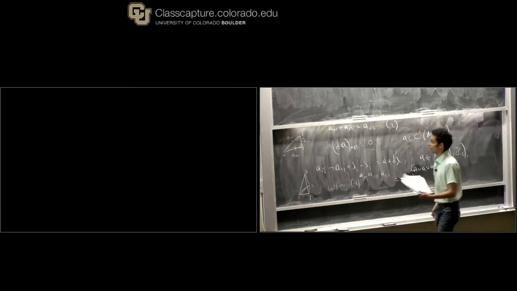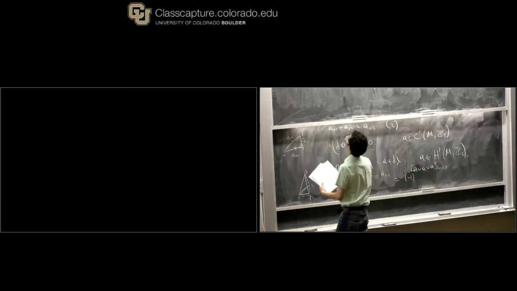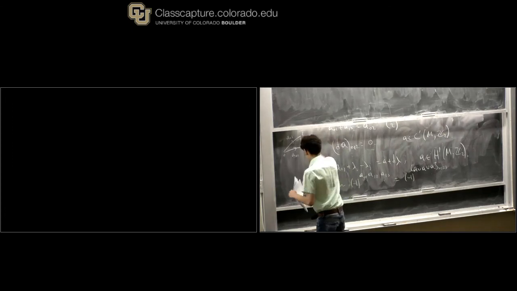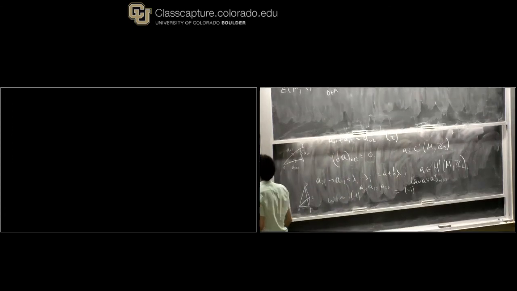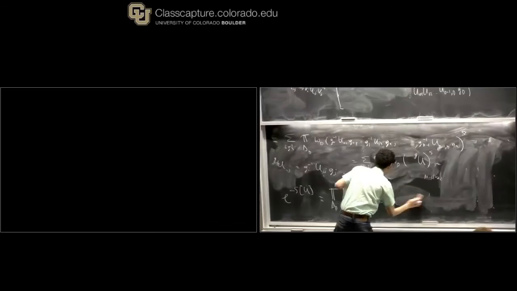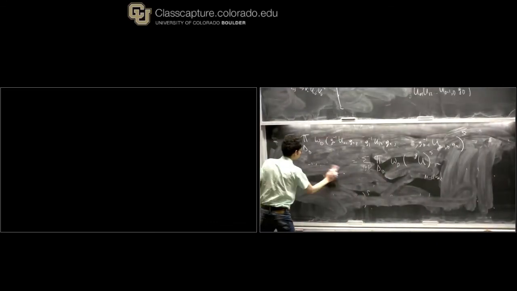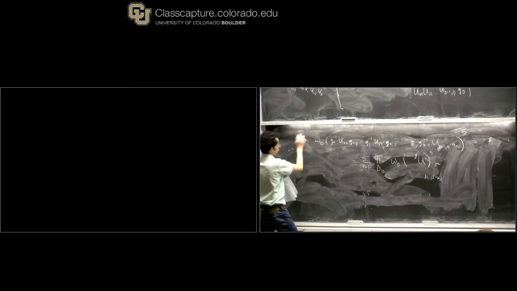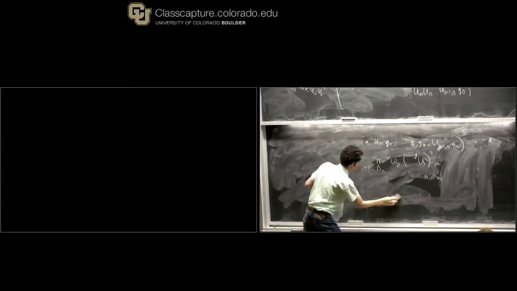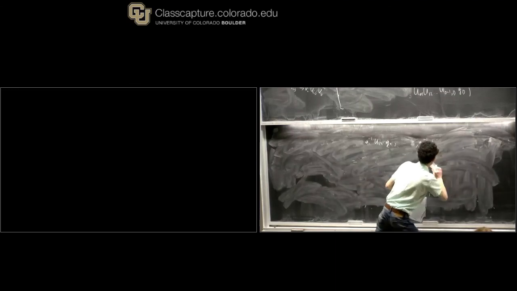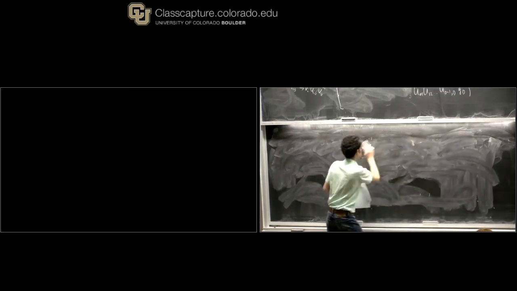So then our partition function Z is just an integral of A cubed, of this A cup A cup A, over the entire manifold, (-1) to the power of that.